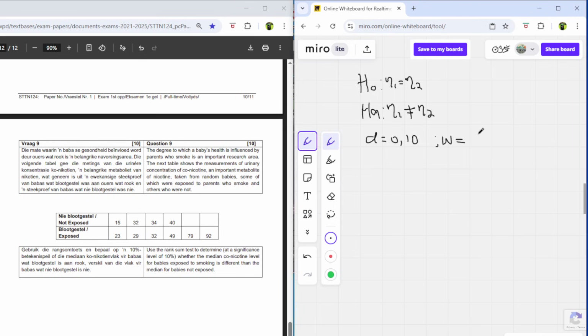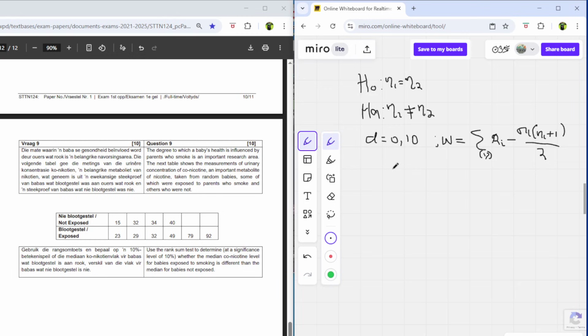W is equal to the sum of the rankings for the first sample, minus N1 times N1 plus 1, over 2.